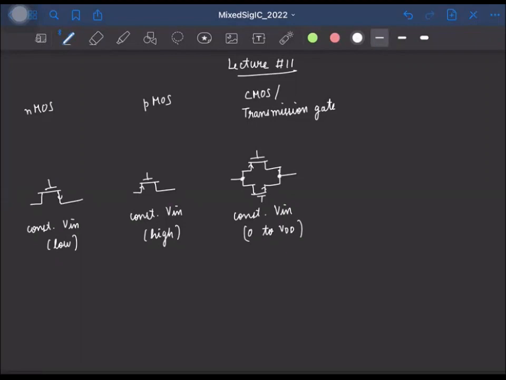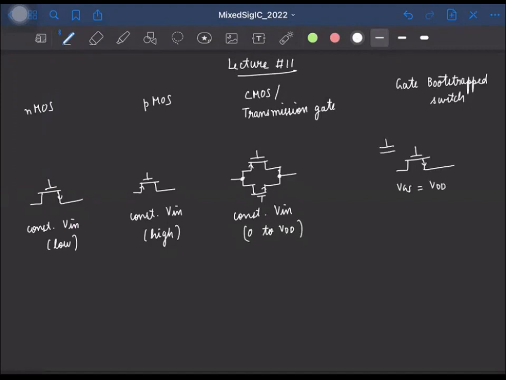And in the last class, we saw that if we have to sample a continuously time varying signal, to ensure sufficient linearity, we will have to use the gate bootstrapped switch, where the idea is to make sure that the transistor operates with a constant gate to source voltage of VDD.